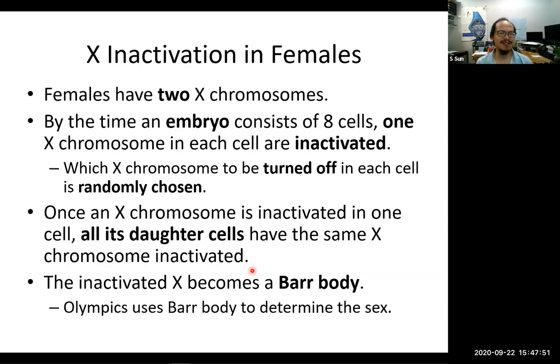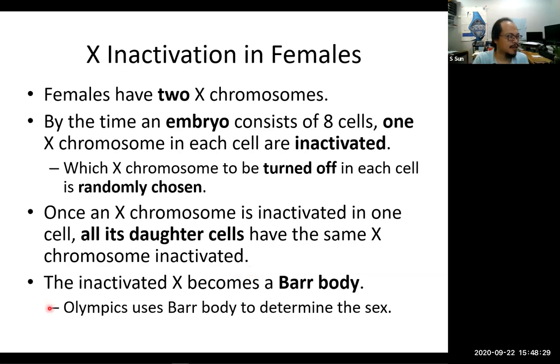That's actually very early, probably less than 1 week after fertilization. In each cell, one X will be inactivated, and that X to be inactivated is randomly chosen. Because the person got one X from the mother and one X from the father, which one will be inactivated is really random in each cell.